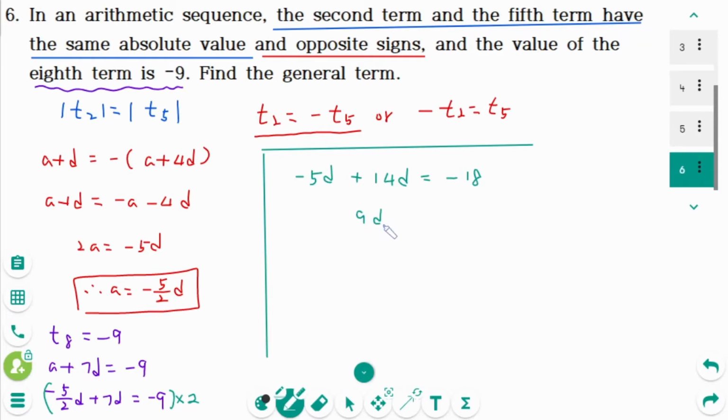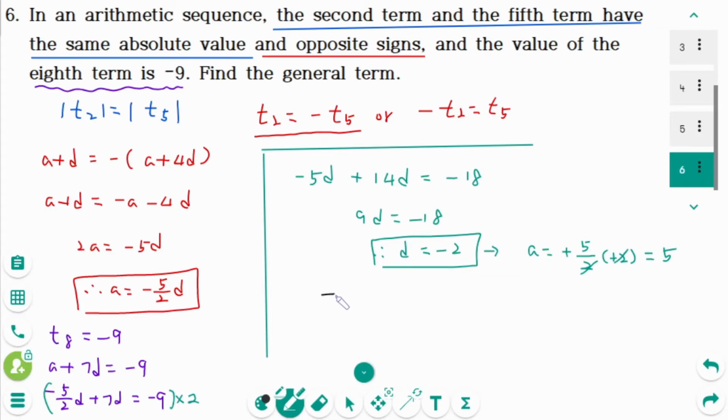Then 9D equals minus 18. Now D equals minus 2. Then A is minus 5 over 2 times D, which is minus 2. Make positive, the 2s cancel. Then A is 5.